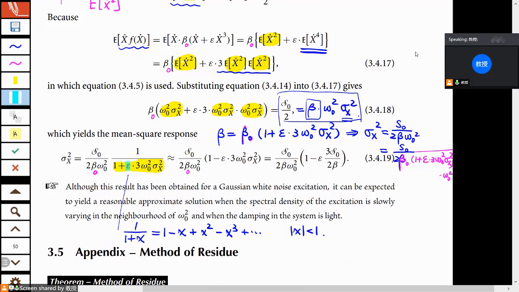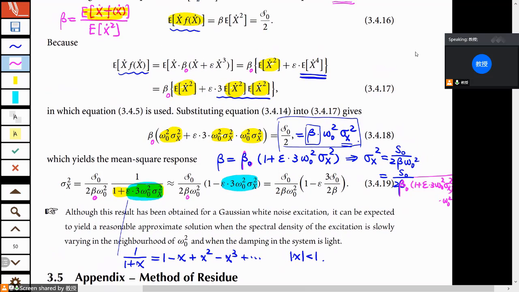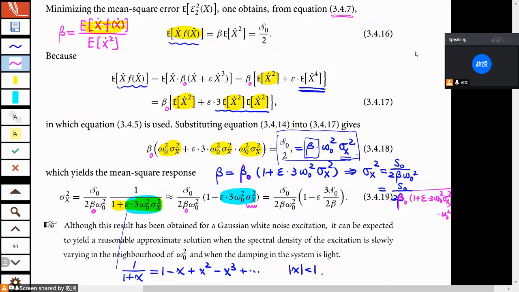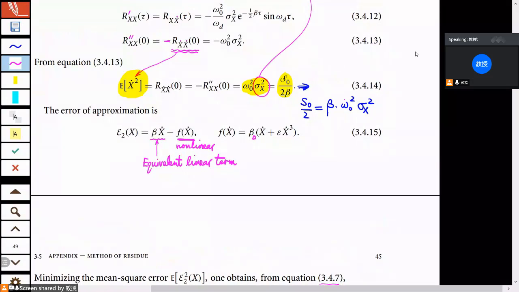So you have this block. It's 1 plus this block, so it becomes 1 minus this block. Now you replace omega 0 squared sigma x squared from here.